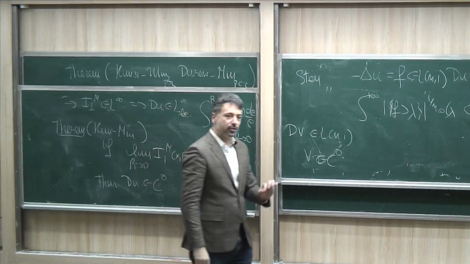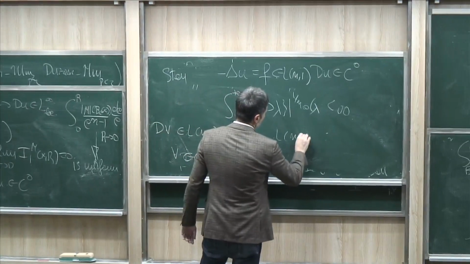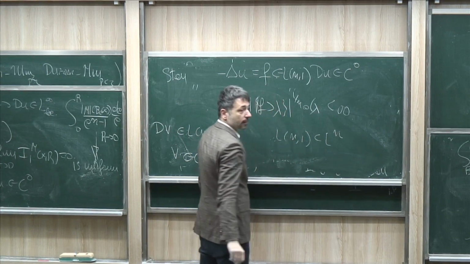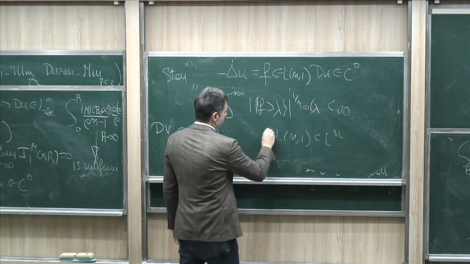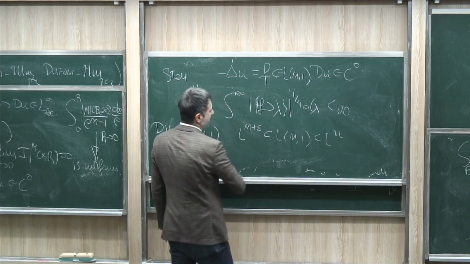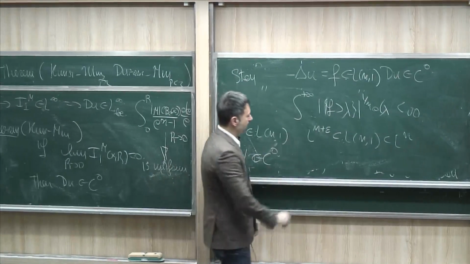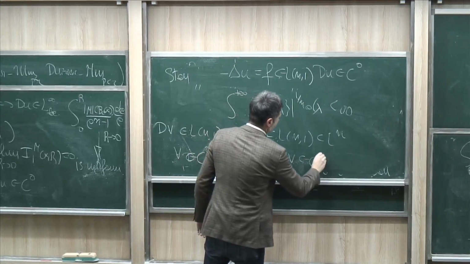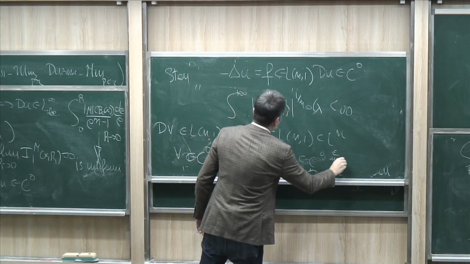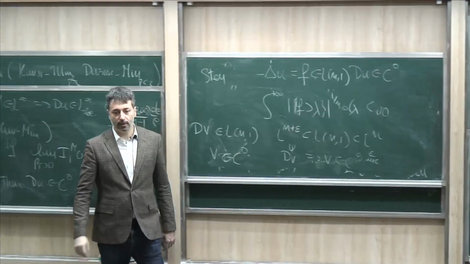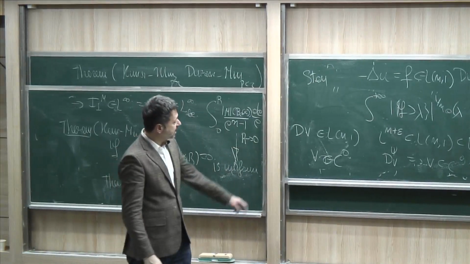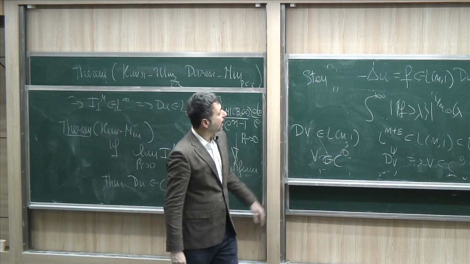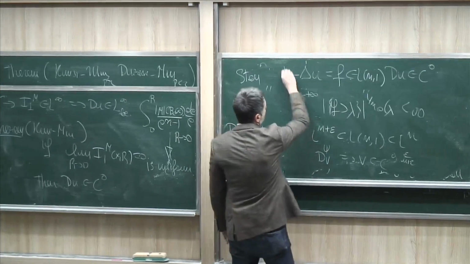L(n,1) is a space which is somehow smaller than L^n, and it is larger than all these other spaces. You know that when the gradient belongs here, then v belongs to C^{0,epsilon}, if I remember correctly. So this is the limiting case of the Sobolev-Morrey embedding theorem. And when you apply this, you get this equivalent formulation.